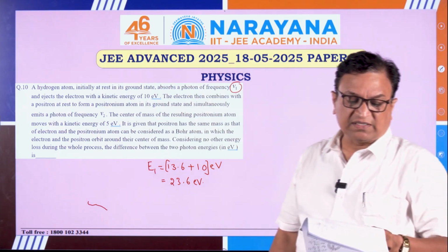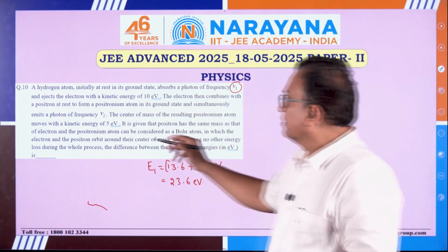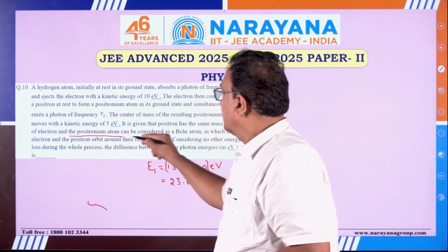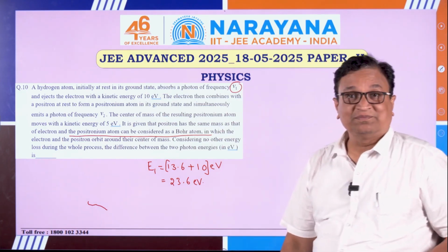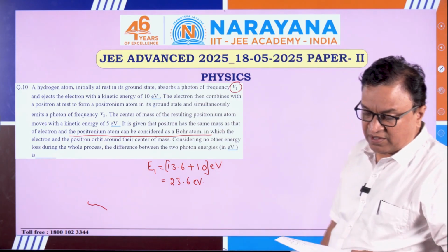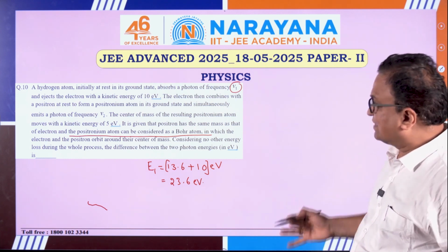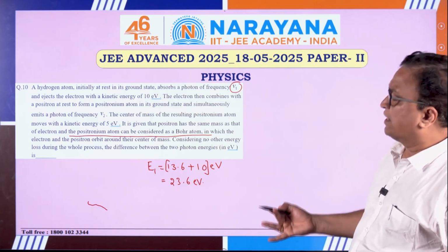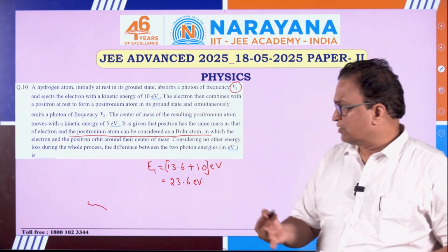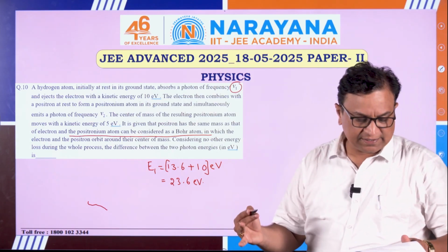The center of mass of the resulting positronium atom can be considered as a Bohr atom, in which the electron and the positron orbit around their center of mass. Consider no other energy losses during the whole process. The difference between the two photon energies is.